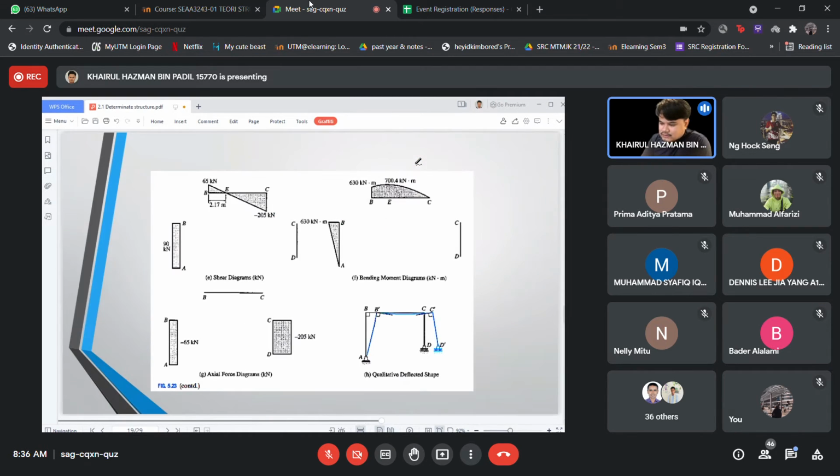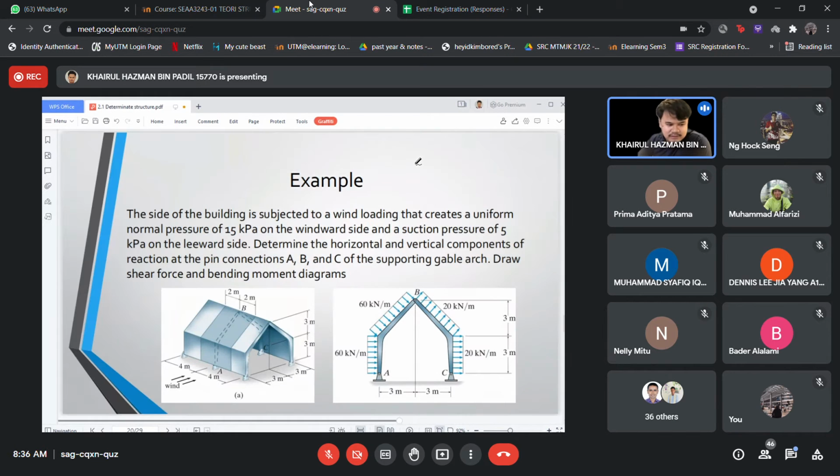Okay. Let us continue. Thank you for the question. For example, this is another example. The side of a building is subjected to wind loading that creates a uniform normal pressure of 15 kilopascal on the windward side and a suction pressure of 5 kilopascal on the leeward side. Determine the horizontal and vertical components of reaction. This is due to the effect of wind.